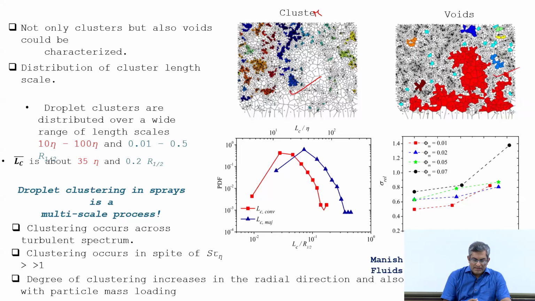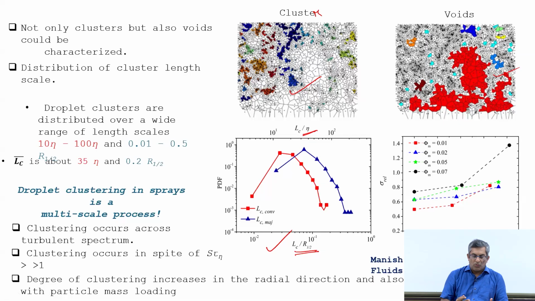But what is interesting here is this plot. Let us say you consider only the red line here, which shows the typical length scale of particle clusters, or droplet clusters in this case. The length scale of the clusters is normalized with the large eddy length scale here and with the Kolmogorov scale here, so on the same plot you can see both.